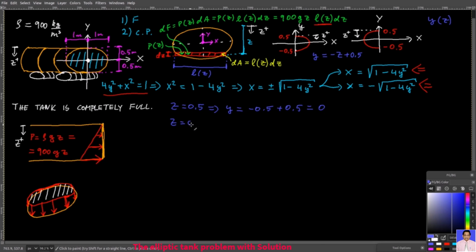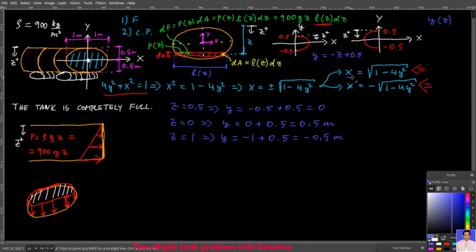Then when z equals 0 meters, then y equals 0 plus 0.5, and that's 0.5 meters. And then when z equals 1, then y equals minus 1 plus 0.5, and that's minus 0.5 meters.